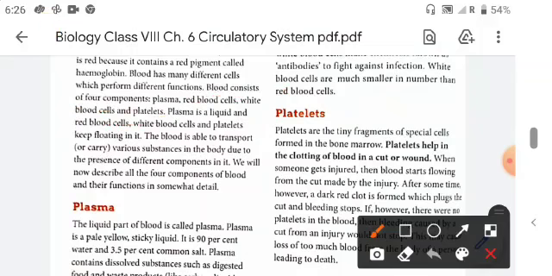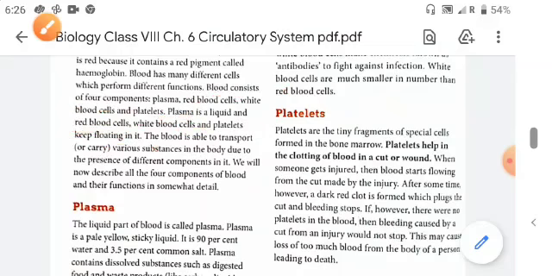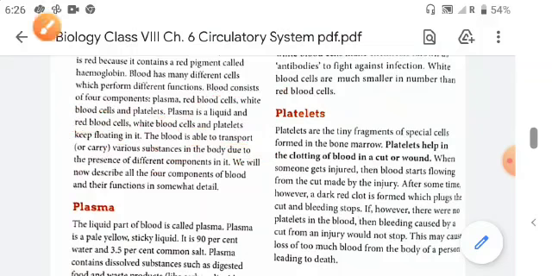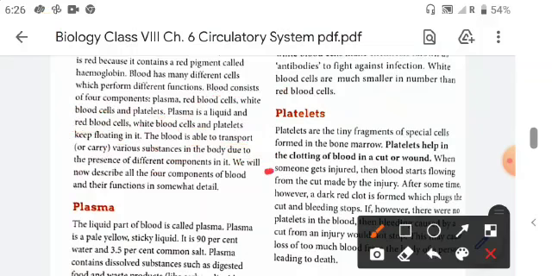So where do they float? In the plasma. Now, the blood is able to transport various substances in the body due to the presence of different components in it. We will now describe all four components of blood in detail.